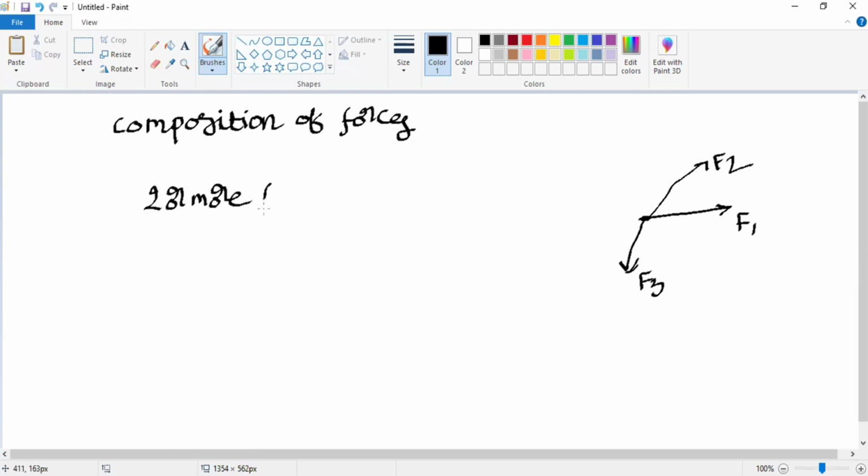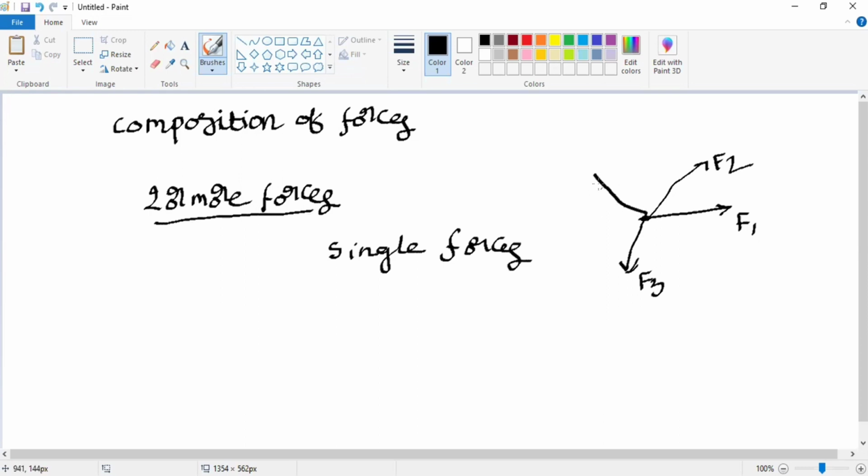Two or more forces will be replaced by a single force without having any effect on the system. That means composition of forces means two or more forces replaced by a single force.